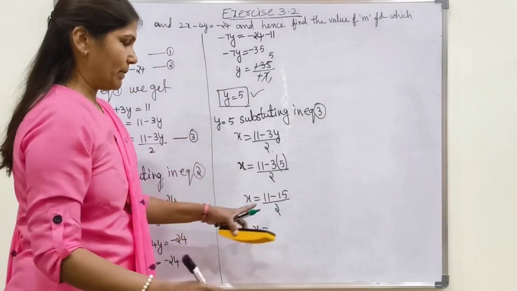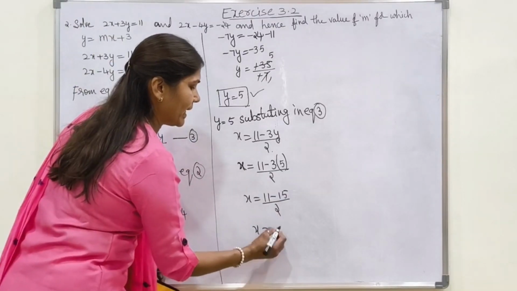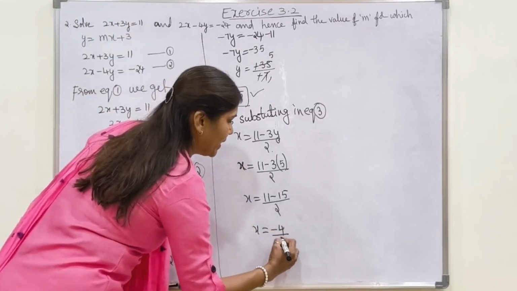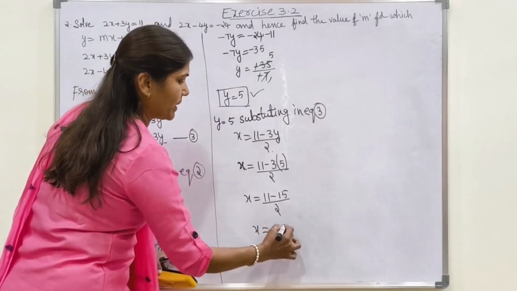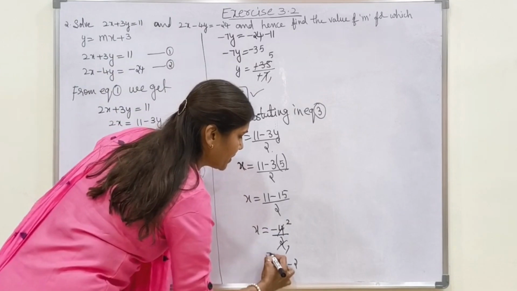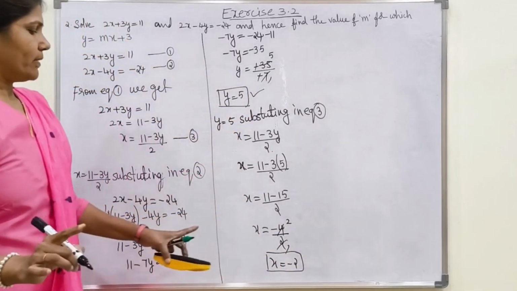Small number minus big number means the answer is in minus: 15 − 11 is 4, so −4 by 2. Cancelling, 2 twos are 4, so x = −2.